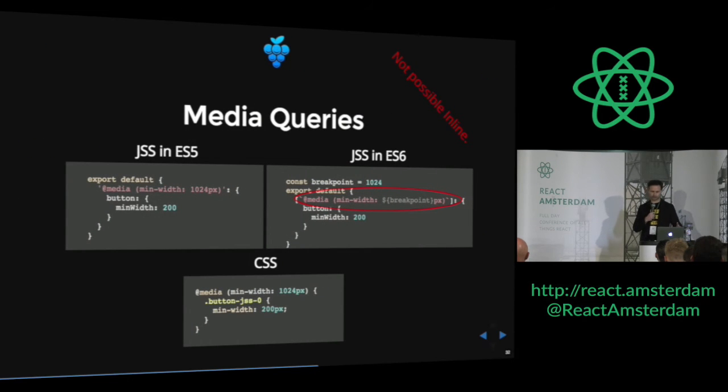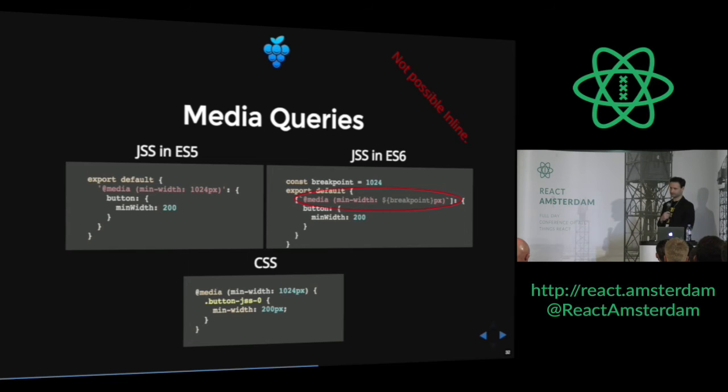For example, this is the syntax for media queries. On the left, you see JSS syntax in ES5 for media queries. This is pretty much the same you would write in CSS, just in JSON. On the bottom, you see the generated CSS out of it. And on the right, I'm using ES6, and I'm using string templates inside the property name.